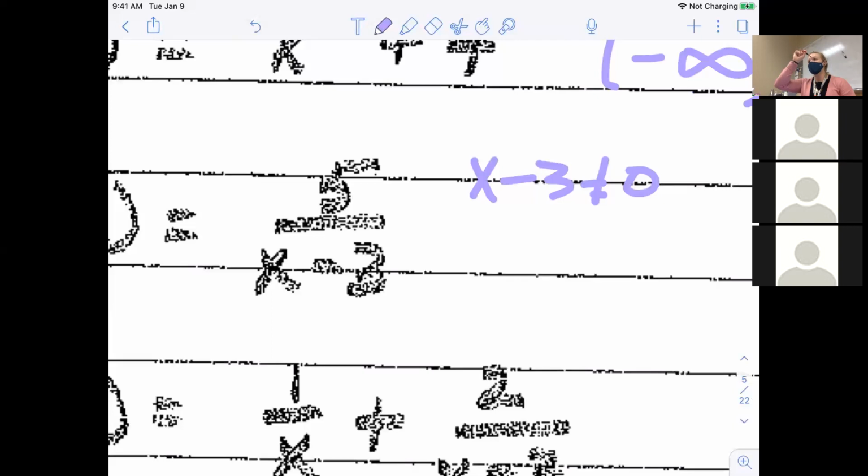Whatever this answer is does not get to be in my domain. It does not get to be included. So I add 3 to both sides. If x was 3, then my denominator is 0. I put the cross through it just so I knew x cannot be 3. X can be literally any number except for 3. That is my one problem I have.